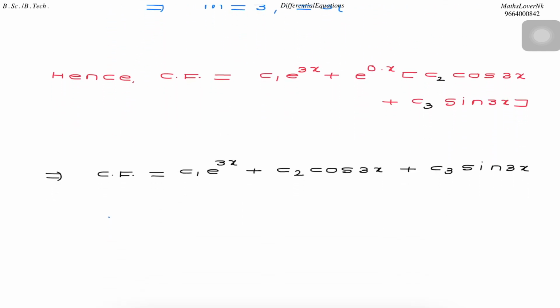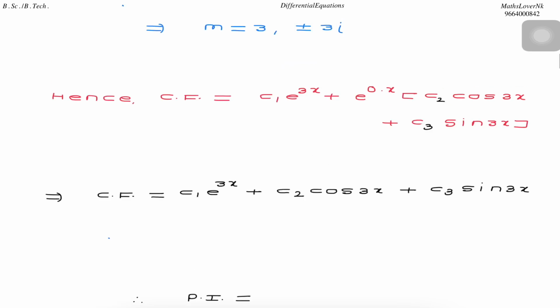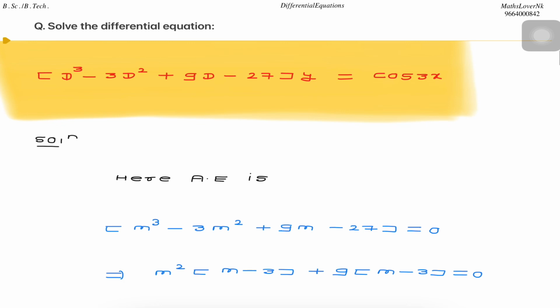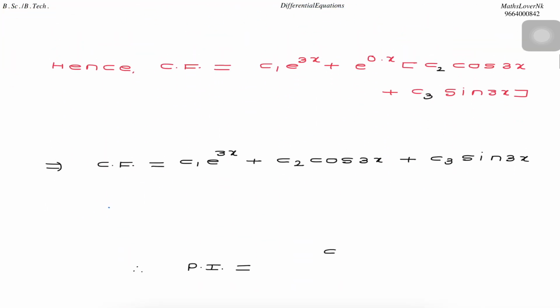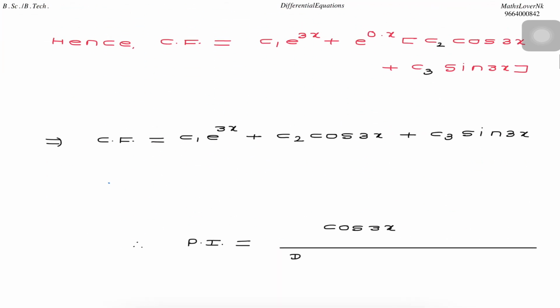Now PI is given by, for finding the PI, write down the RHS part of the given equation in the numerator, that is cos 3x, upon the LHS part, the function of D in the denominator, that is D cube minus 3D square plus 9D minus 27.